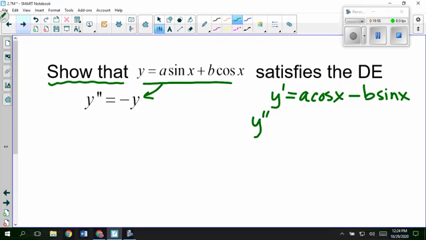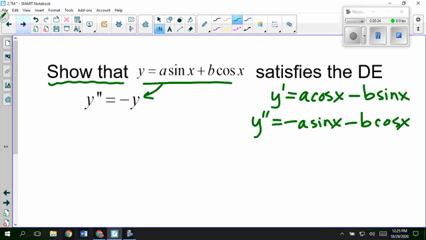Second derivative, derivative of cosine is negative sine. Derivative of sine is cosine. There's our second derivative. And certainly looking at that, it's pretty clear why this particular solution does work in the DE, but we're going to follow through very strictly and confirm that that is the case.